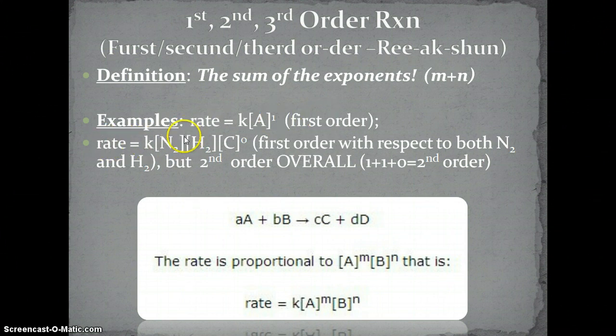Here there are 1s, but we didn't write them, and there's a 0 for carbon. So it's first order with respect to both nitrogen and hydrogen, but overall this is a second order reaction. That's because 1 plus 1 plus 0 is 2. So we got a second order reaction. We add all the exponents and we get the order of the reaction.